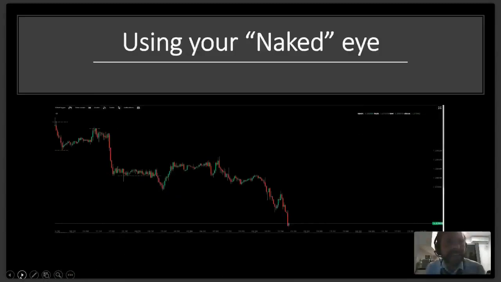Now, this is indeed the British pound. Again, this is on a 30-minute chart. Boom, straight away with our naked eye: high, lower low, lower low, consolidation, stays around here, but then lower high, lower low, lower high, lower low. Let's see if it's right.